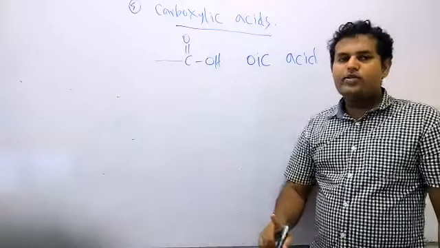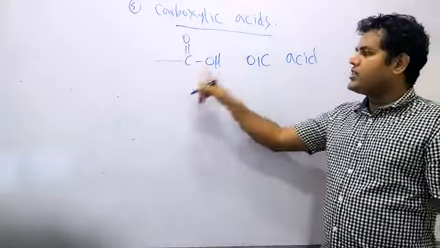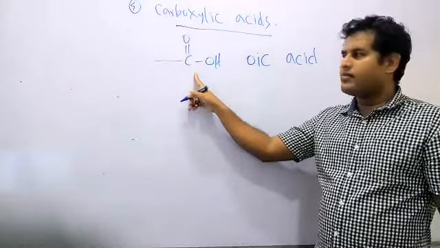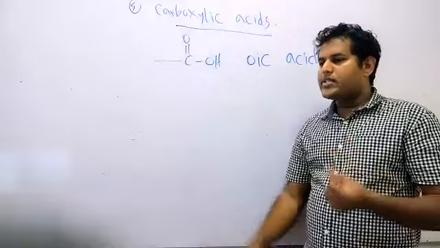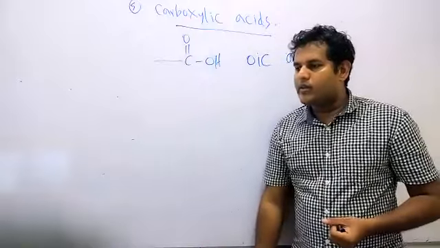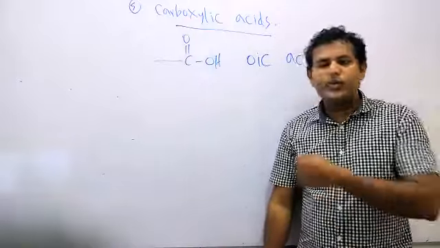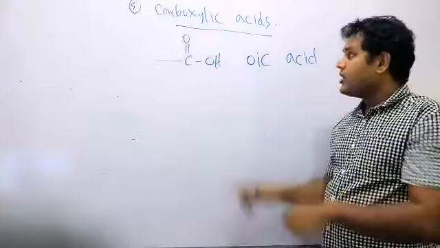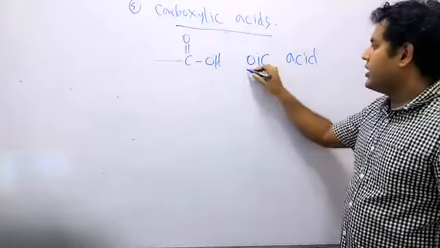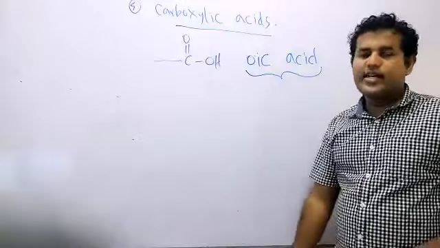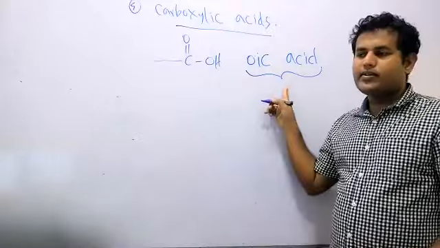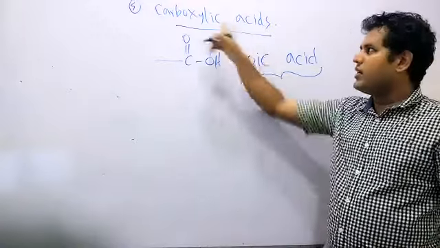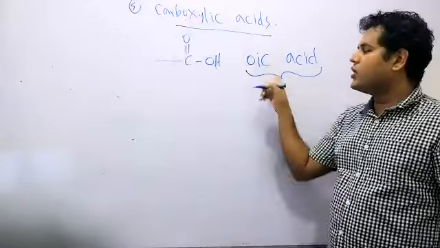What you have to study is that oic acid means COOH. It's together, you can't separate it. COOH together is called a carboxylic acid. This COOH is called the carboxylic group. In IUPAC nomenclature, we say oic acid group. Carboxylic is simplified into oic acid.